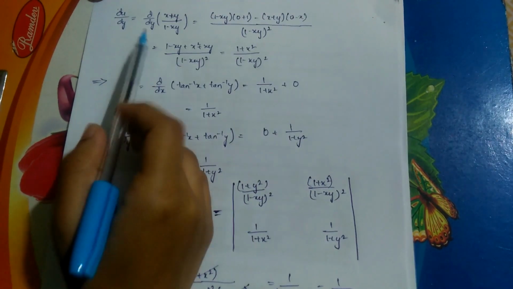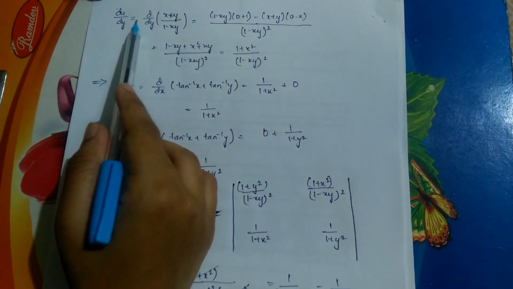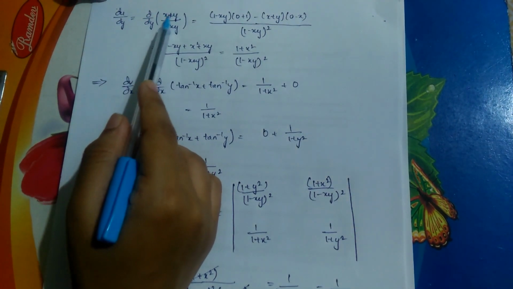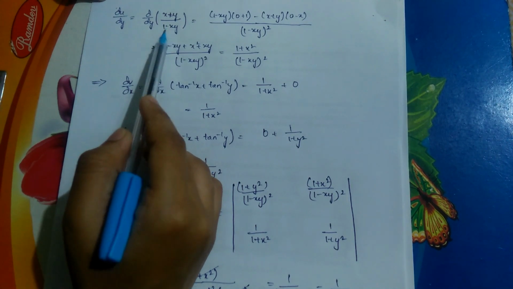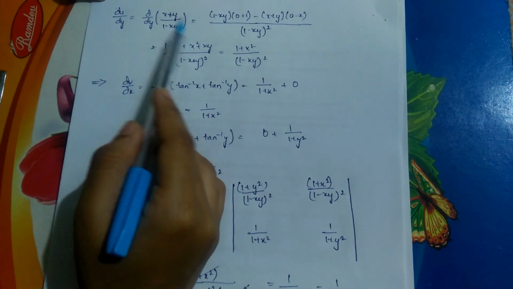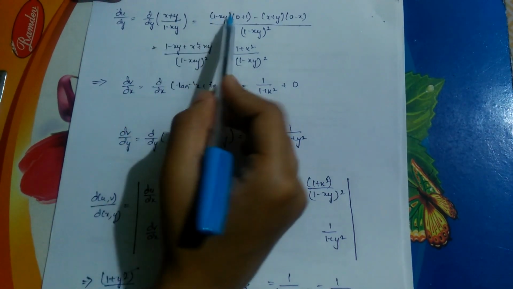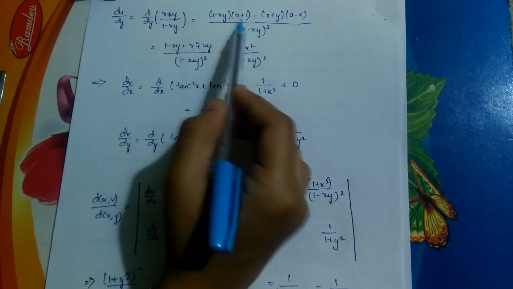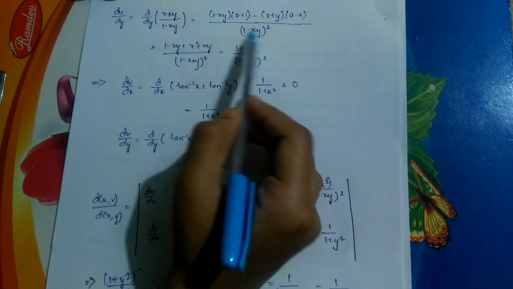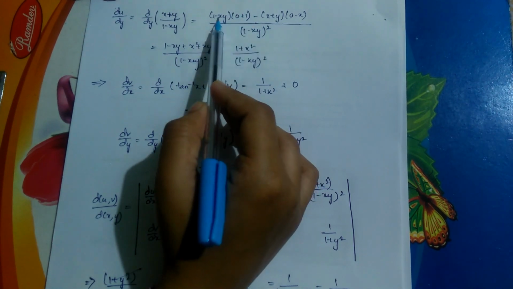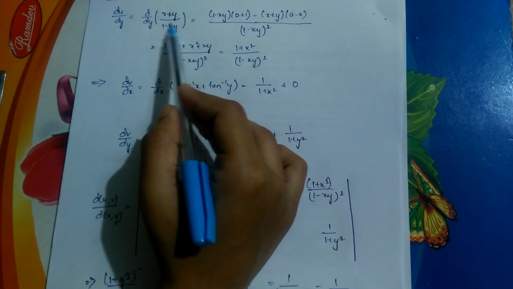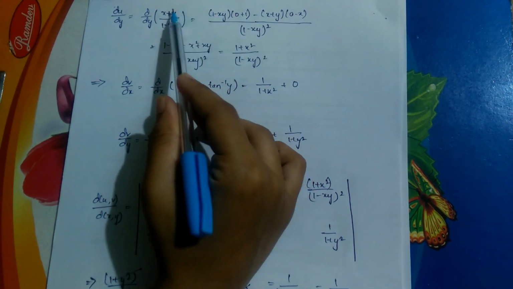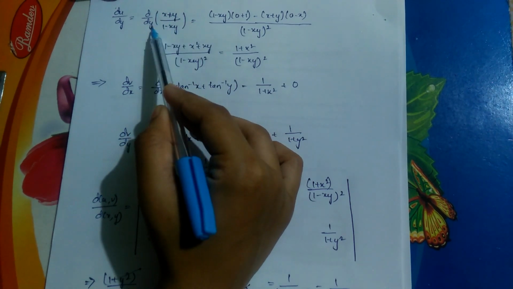Then here ∂u/∂y equals ∂/∂y of function u, (x plus y) by (1 minus xy). Same we have to apply here the u by v rule. Now here it's divided by (1 minus xy) whole square, and in the numerator it comes as (1 minus xy) into differentiation of x plus y with respect to y.